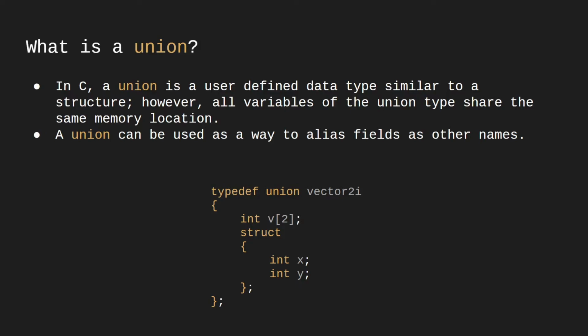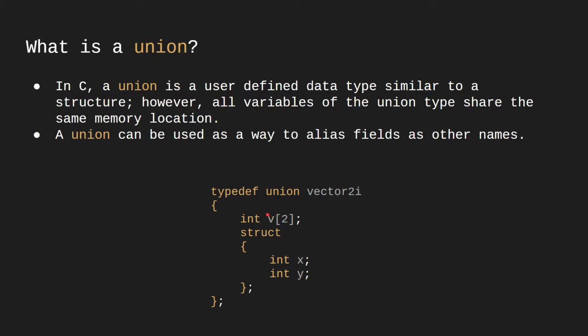So you can actually create something, in this particular case, this is a real example that I like to use. You can union a structure in this particular way. So we can create a union. That union can contain either an array of two elements inside of an array named V, or it can be a structure that contains an X and Y. And you can see that this could probably expand to other types as well.